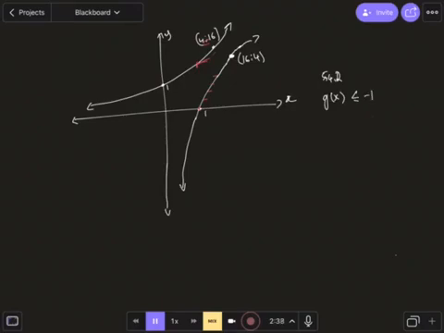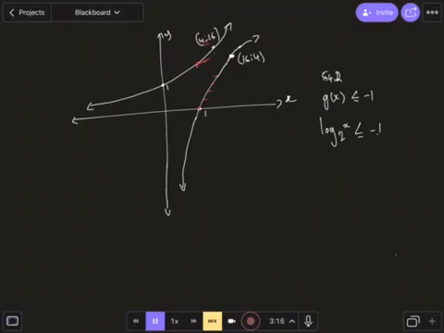The best thing that we can do, remember g of x is the inverse of f, which is g of x is log base 2 of x, less than or equal to minus 1. Can you see it? So we should first find the value of x that corresponds with minus 1.